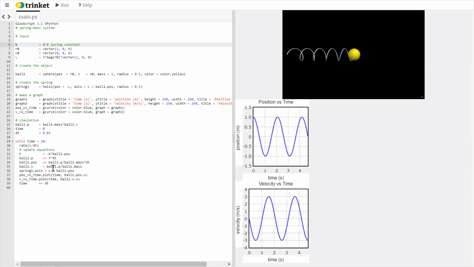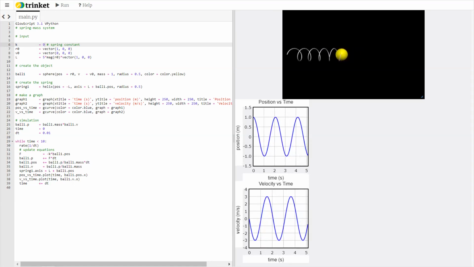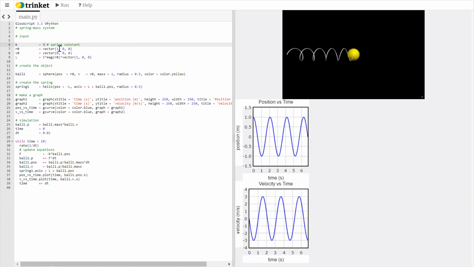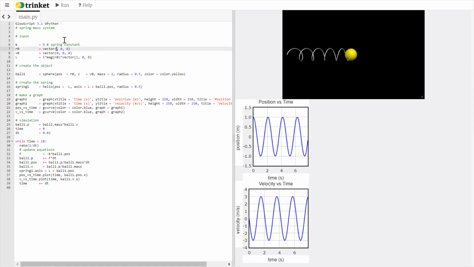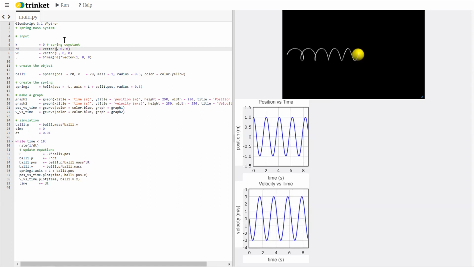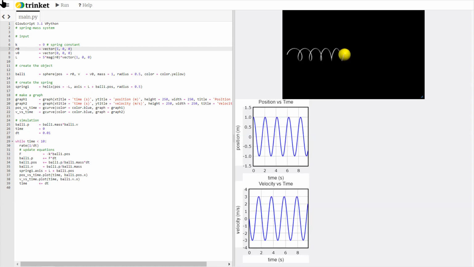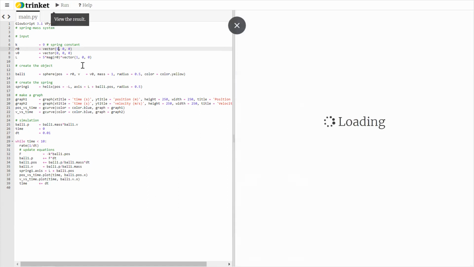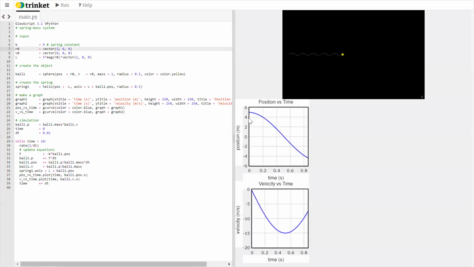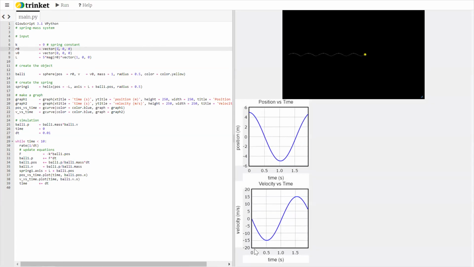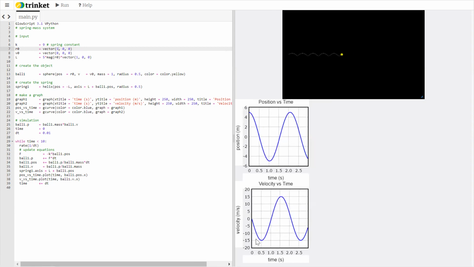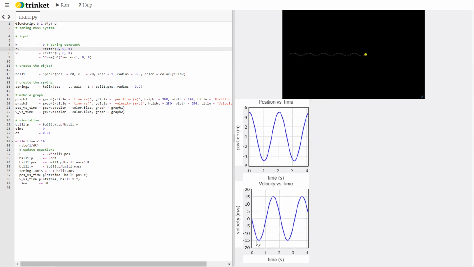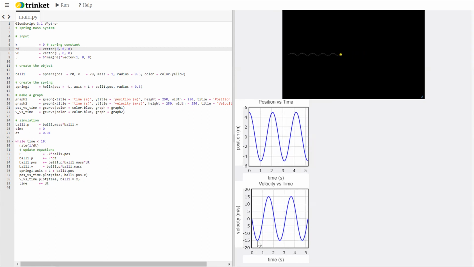As you change a, which is the initial displacement, say if you make this 5, then the amplitude increases to 5, and the velocity becomes 3 times 5, the maximum amplitude.